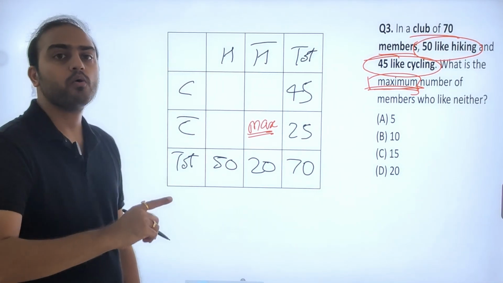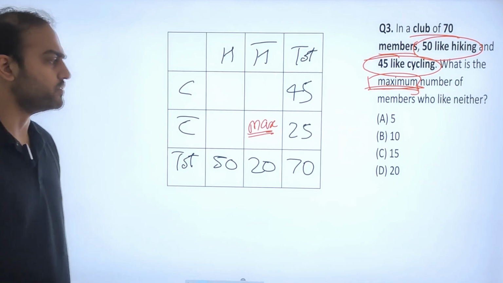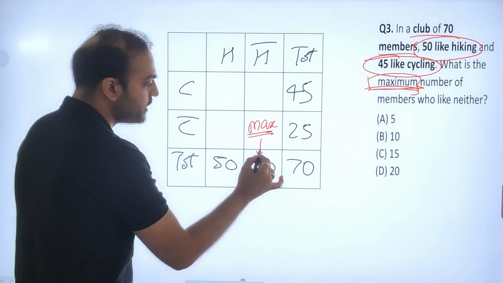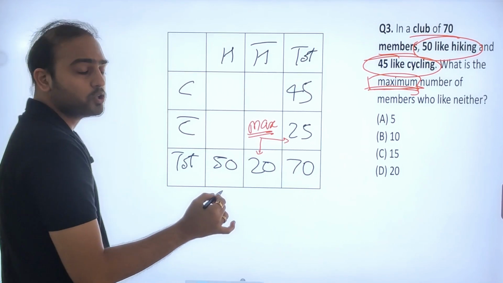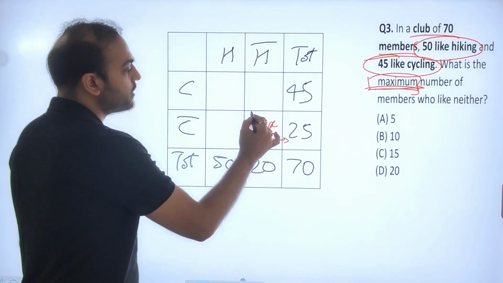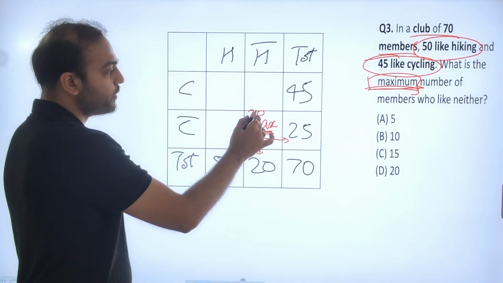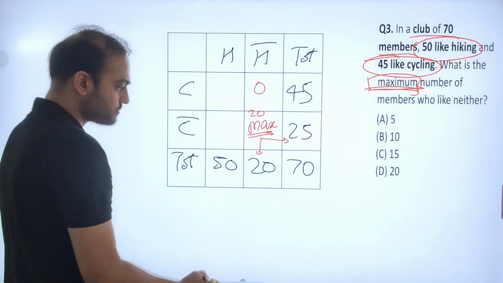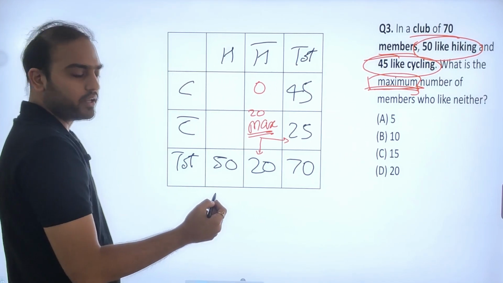Now if you recall, what did I say? For maximum, all you have to do is observe. The maximum total here is 20, the maximum total here is 25. So this value can only be 20, because when this is 20, this becomes 0. If it is more than 20, this will become negative.